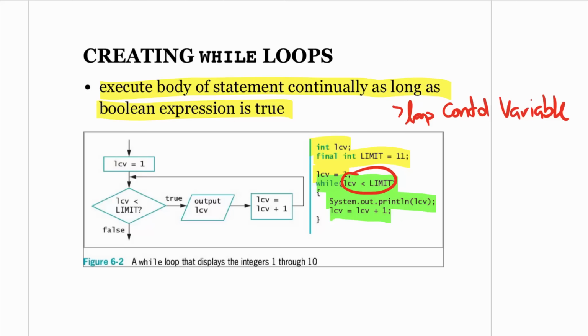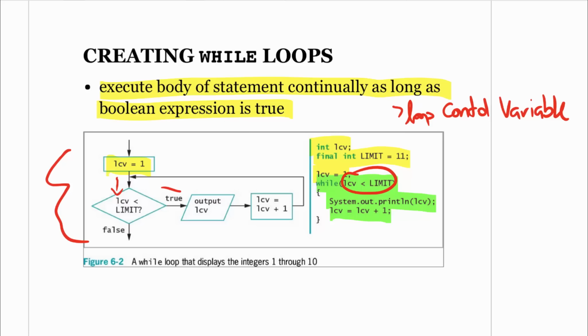So just to put that into perspective and see how it looks on the flow chart on this side, we'll see that it's exactly what I just explained. So LCV gets initialized to 1, and then it gets passed down to the decision structure here that asks you, is the LCV less than the limit? So in this case, is 1 less than 11?